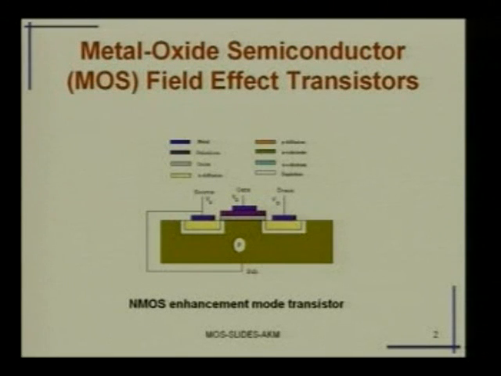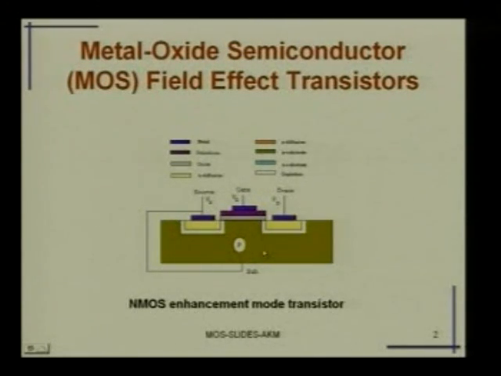Now, for fabrication it has three terminals. One is the source, another is the gate, and the third is the drain, and also we have the substrate. A typical NMOS device is fabricated using a p-type substrate.